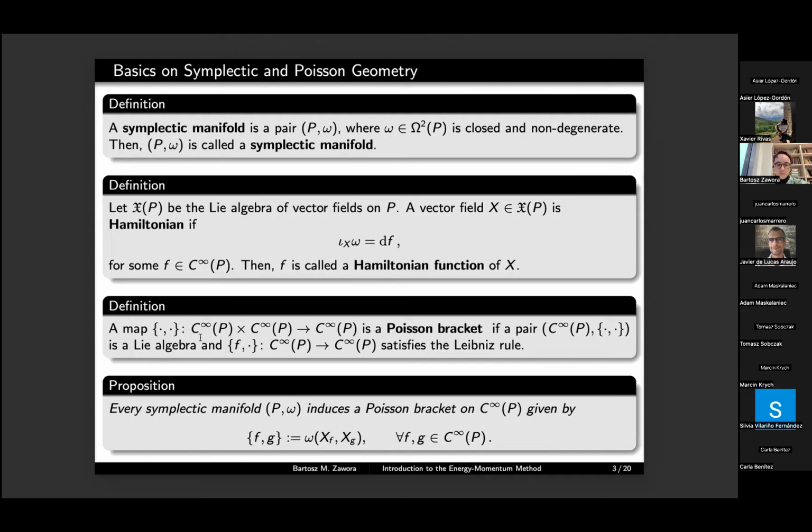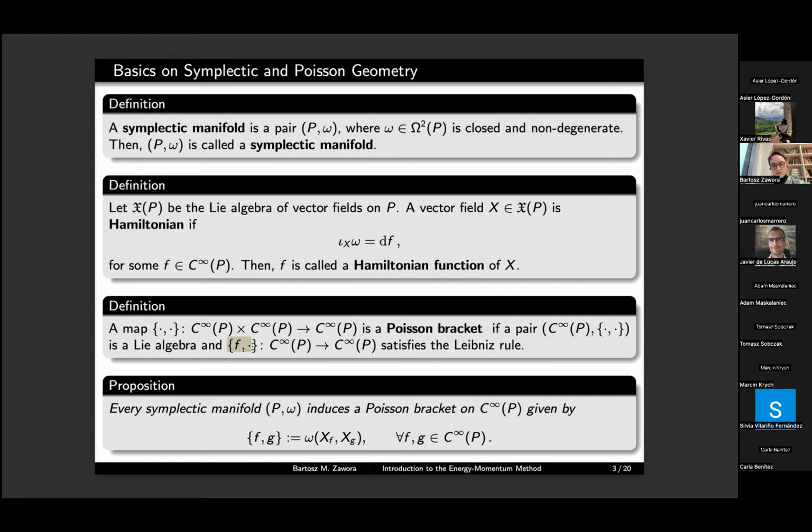Then we have a map from C infinity(P) times C infinity(P), the set of smooth functions, to the set of smooth functions, and it is a Poisson bracket if this pair is a Lie algebra and, moreover, the map satisfies the Leibniz rule for every function f.